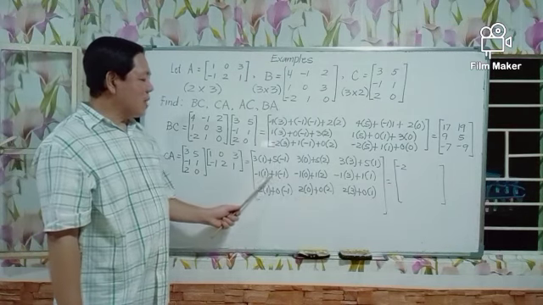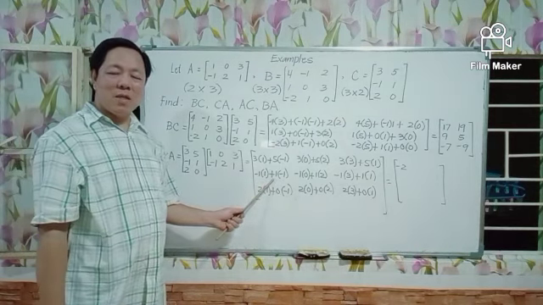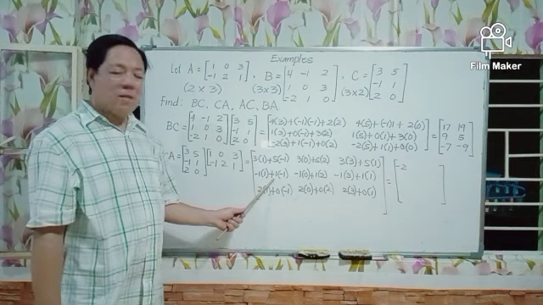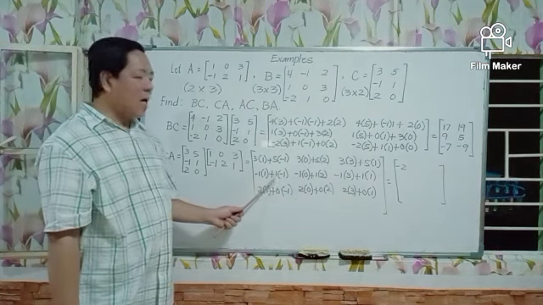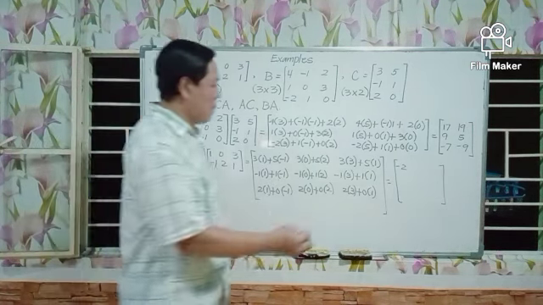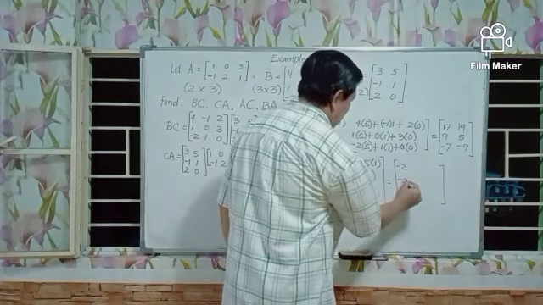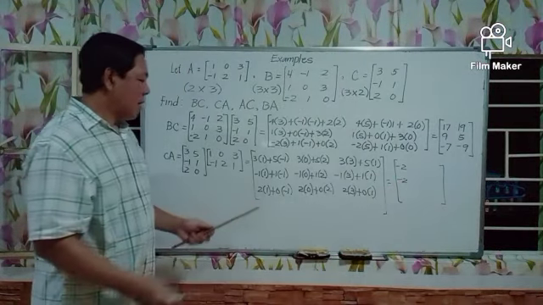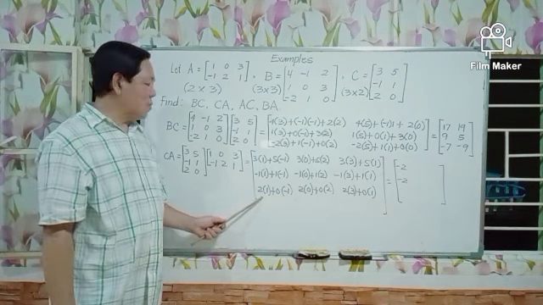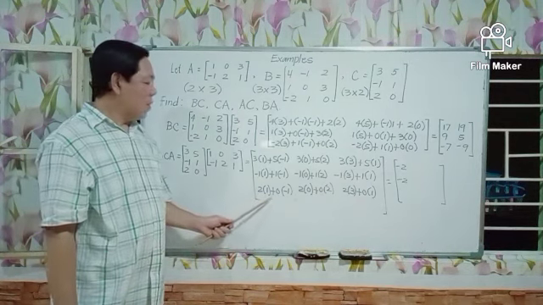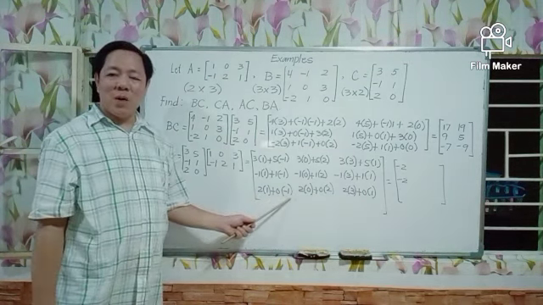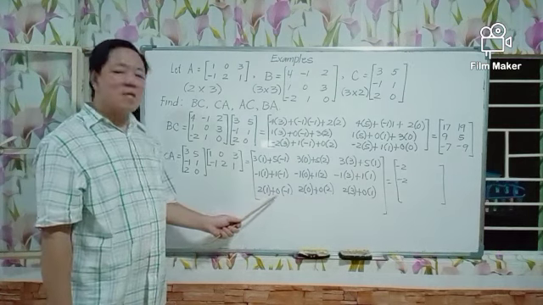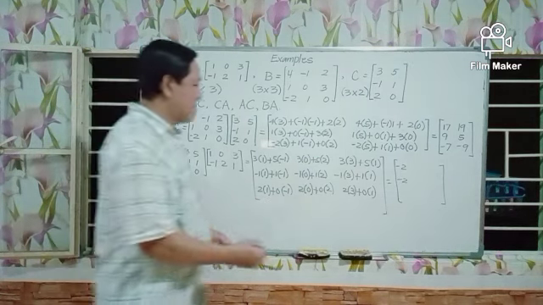We have negative 1 minus 1 is minus 2. And the last entry in the first column, 2 by 1 is 2 plus 0 multiplied by negative 1 is 0, or 2 plus 0 is 2.